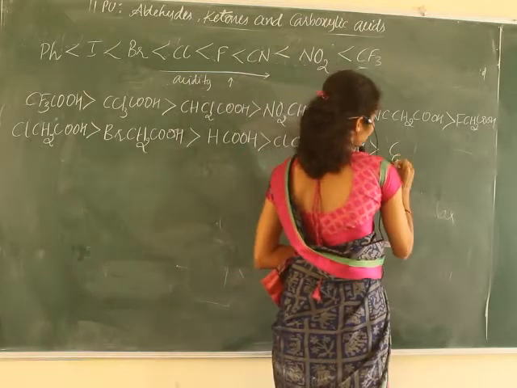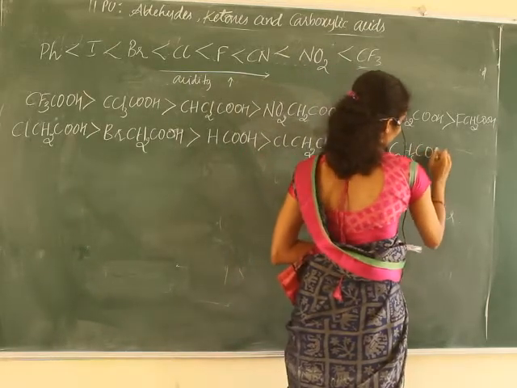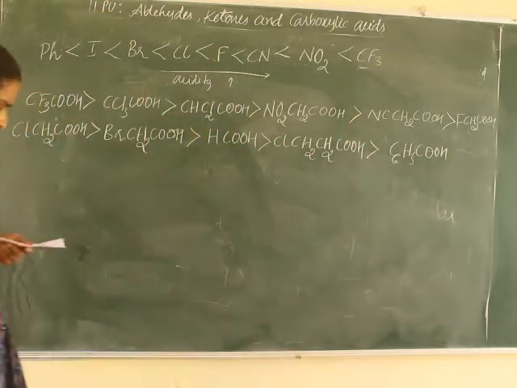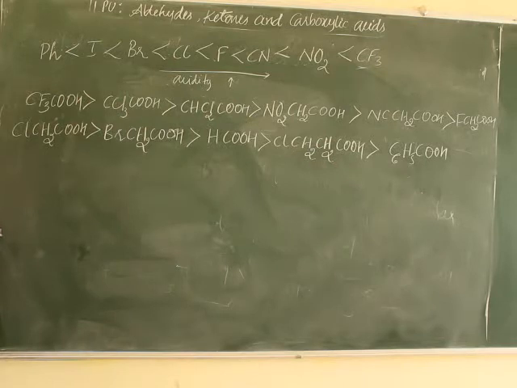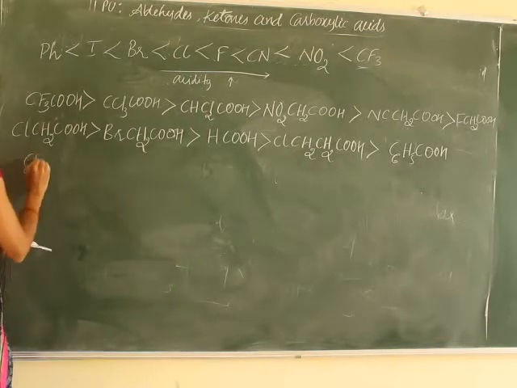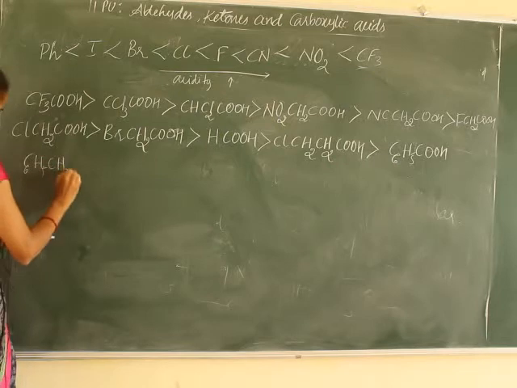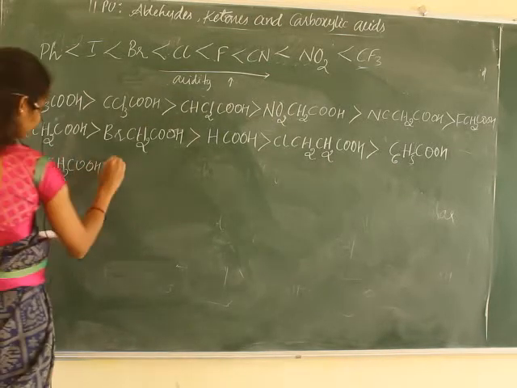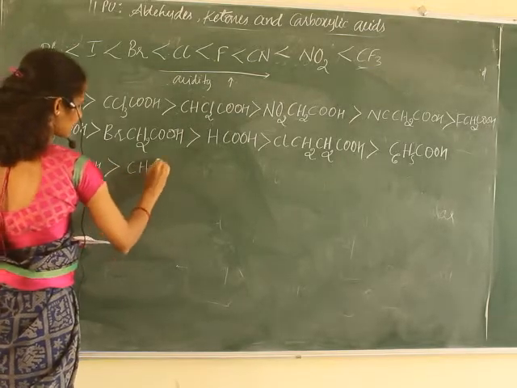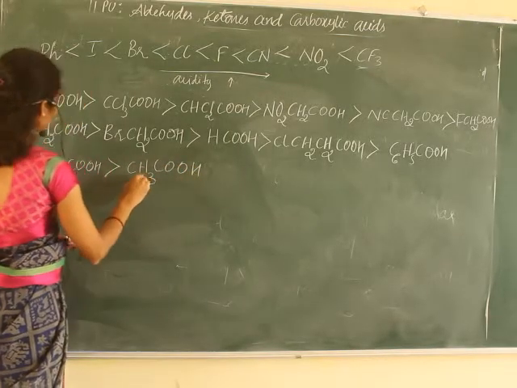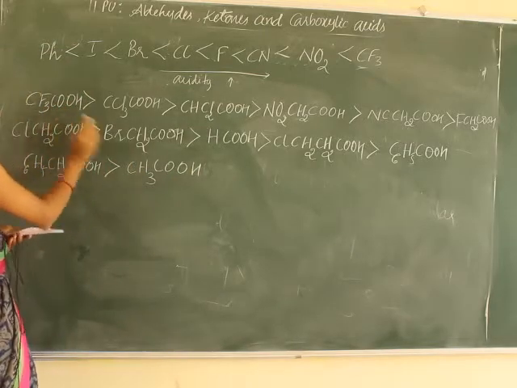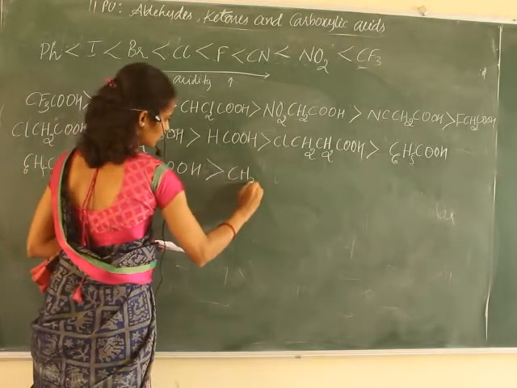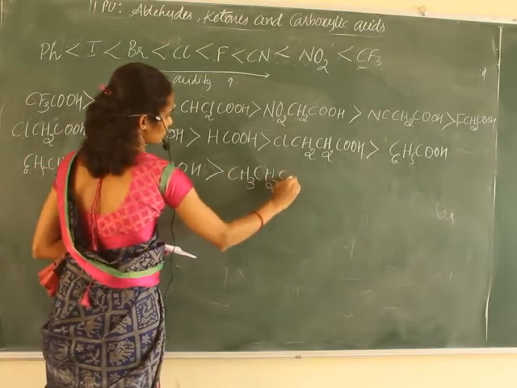Say C6H5COOH comes here, with the phenyl ring. Acetic acid CH3COOH is here, and trifluoroacetic acid. Compare the acidity. CH3CH2OH.